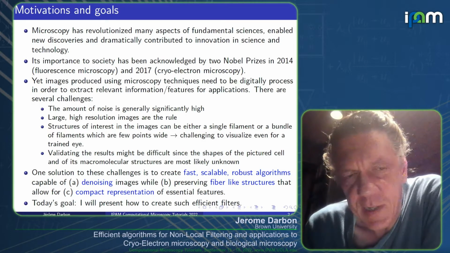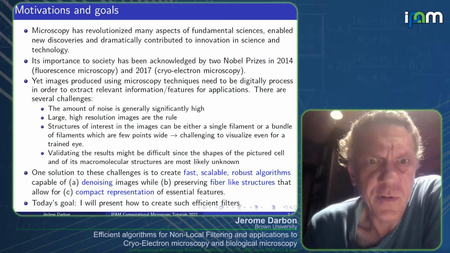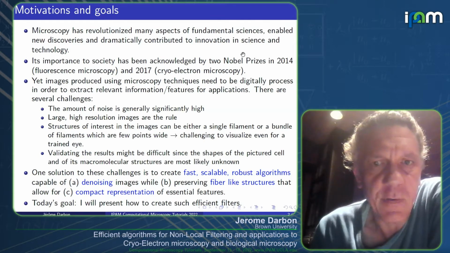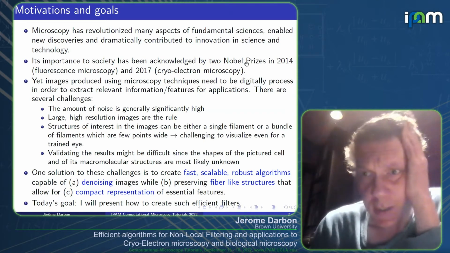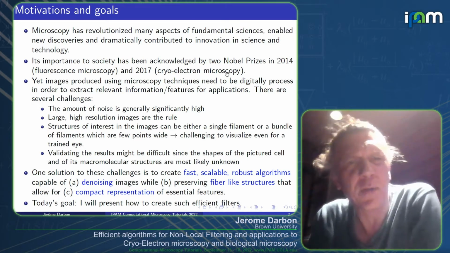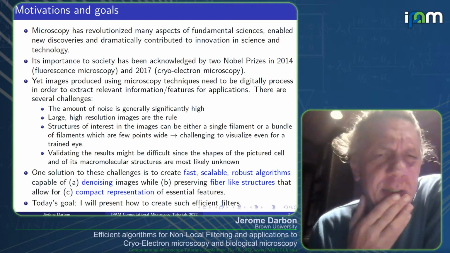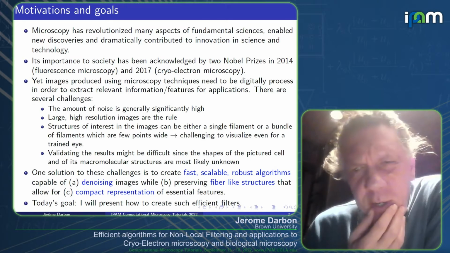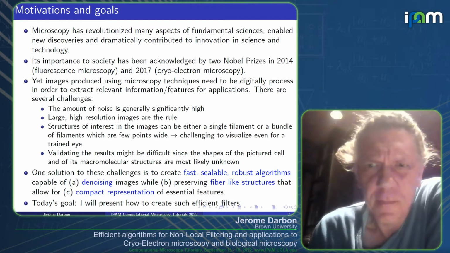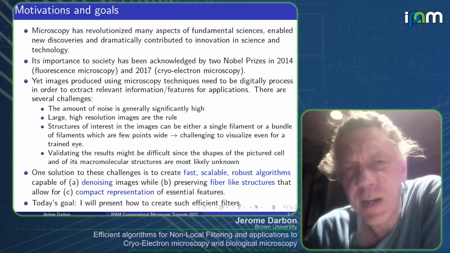The amount of data to process is quite high. These are large images because the resolution is high. So this is a trend that is going on again and again. And we also have very specific features that we want to extract from these images because of applications. And I'm thinking here specifically in biology, where the object of interest that we want to extract could be narrow, thin, like a filament or a bundle of filaments that are very, very thin.